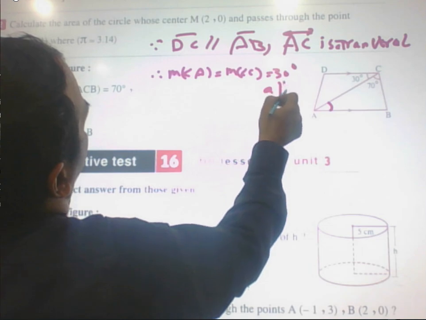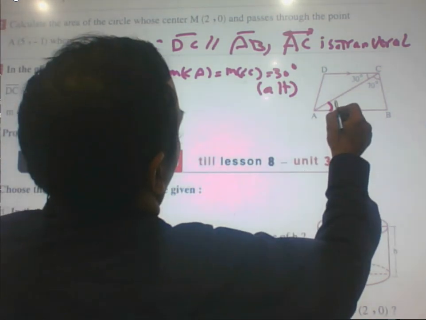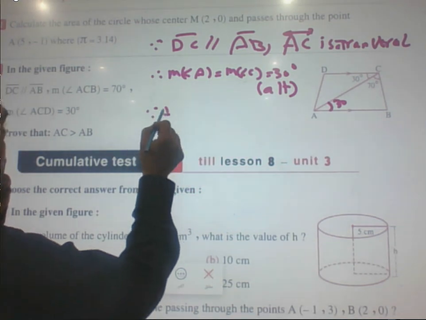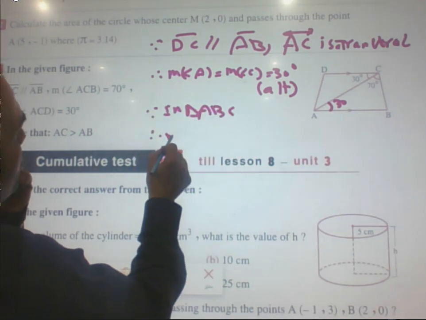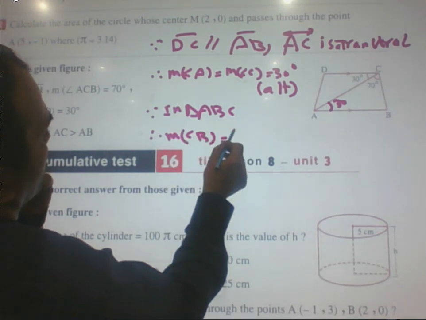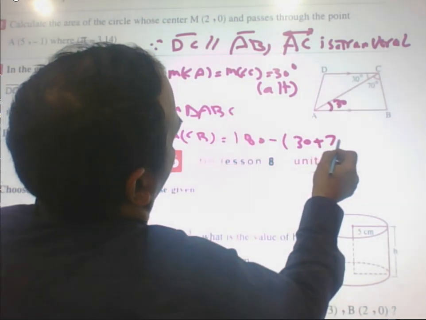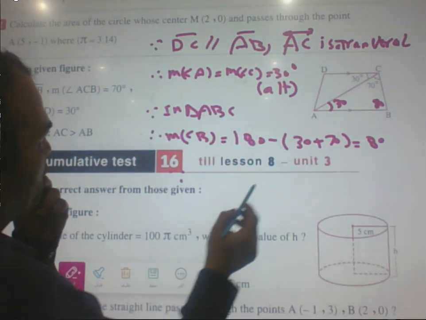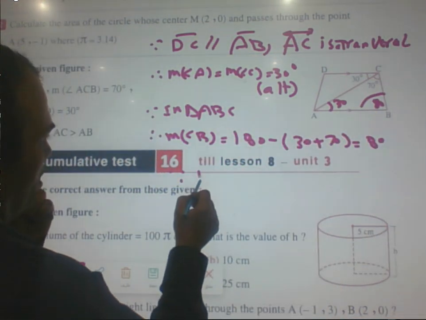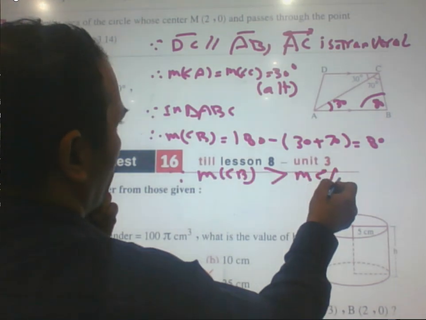We call it alternating interior angle, then the angle here will be 30. Such that in triangle ABC, the measure of angle B equals 180 subtract the sum of the two angles here, 30 plus 70, equals 80 degrees. Such that we have a relation between 80 and 30, such that the measure of angle B is greater than the measure of angle A.